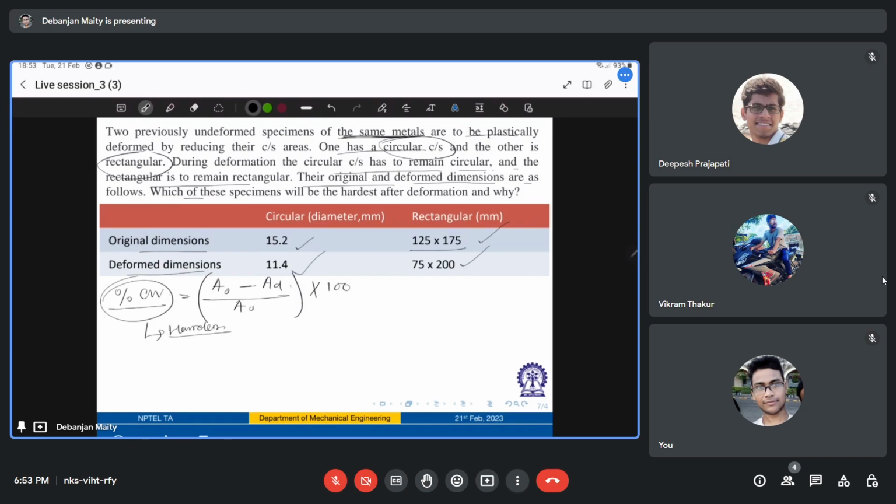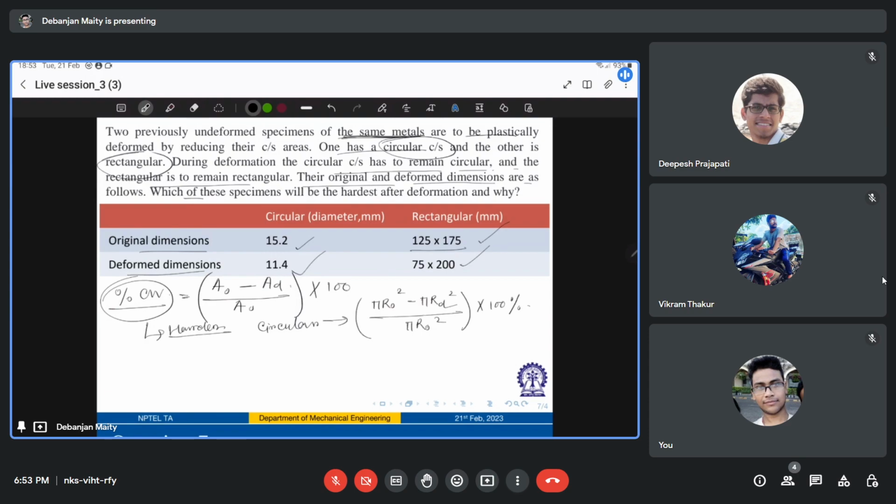So when I start calculating, for circular geometry, you have this pi r naught square minus pi r d square, d is basically deformed dimension, that divided by pi r naught square into 100%.